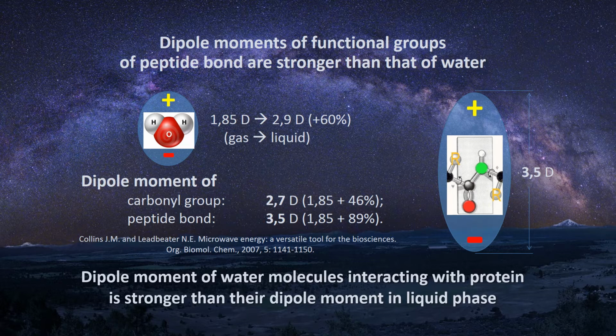Peptide bonds contain such stronger dipoles. Dipole moment of carbonyl group is 46% more than own dipole moment of water. Dipole moment of a peptide bond is nearly twice more than own dipole moment of water.